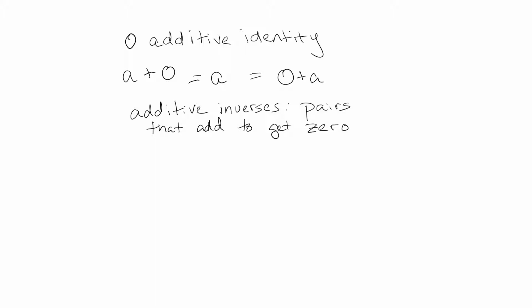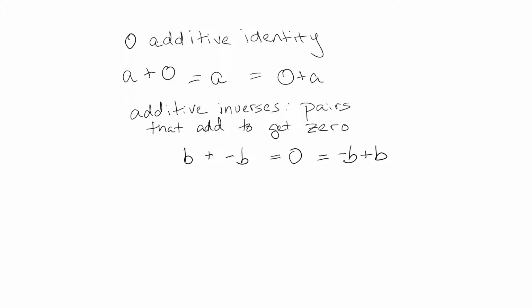And you're already aware of what these numbers are. So if I have B, then the opposite of B will add to give me 0. Or I could rewrite that as adding -B to +B.